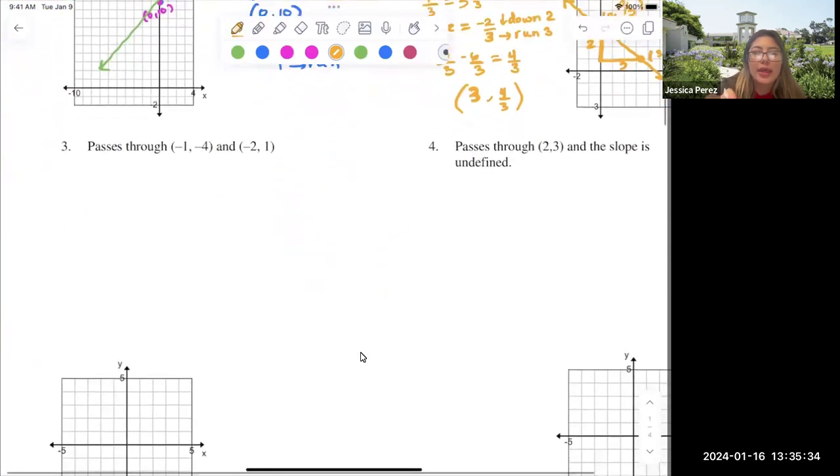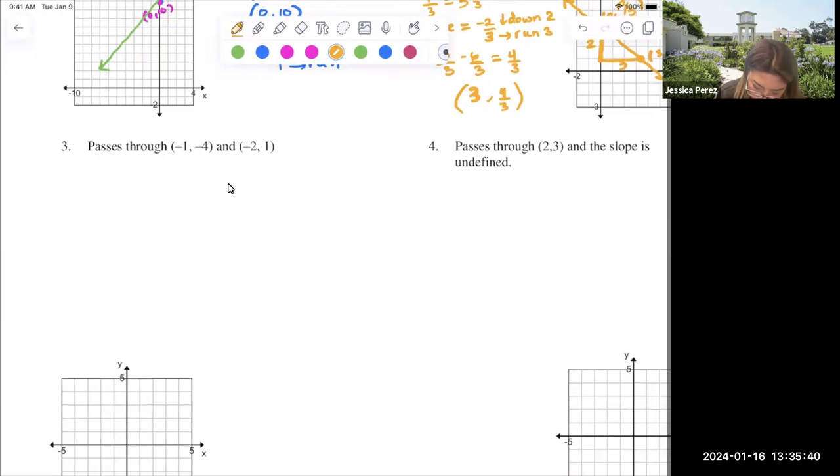What happens if I have number 3, which I don't have? I have 2 points, but I don't have the slope. That means I would have to first find the slope. The slope is y2 minus y1 over x2 minus x1. If we are not given the slope, then we need to find the slope.